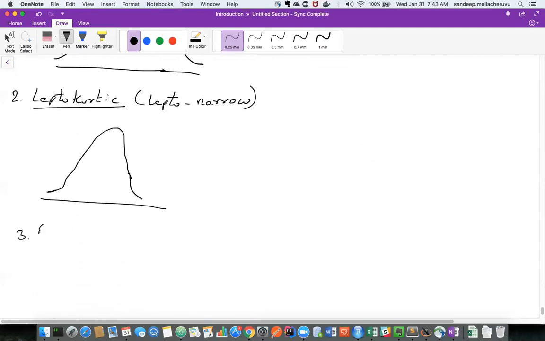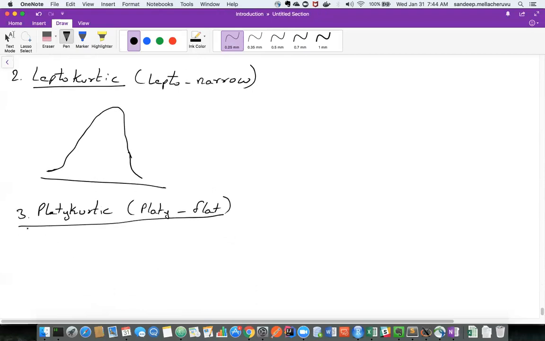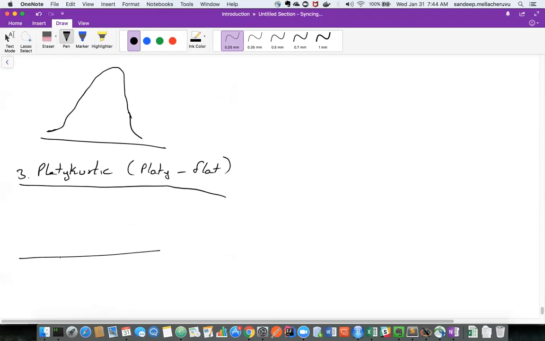Now, what is platykurtic? When you say platy, it means like a plane or like a plate. It's very flat. When something is called platy, you can interpret this as flat, which means the curve that you're going to see is going to be like this.